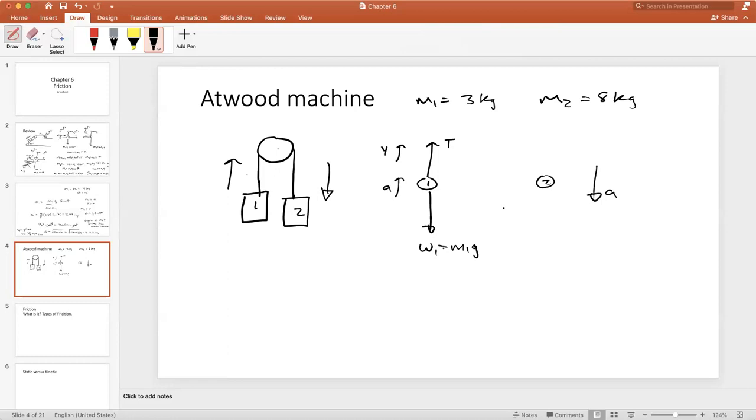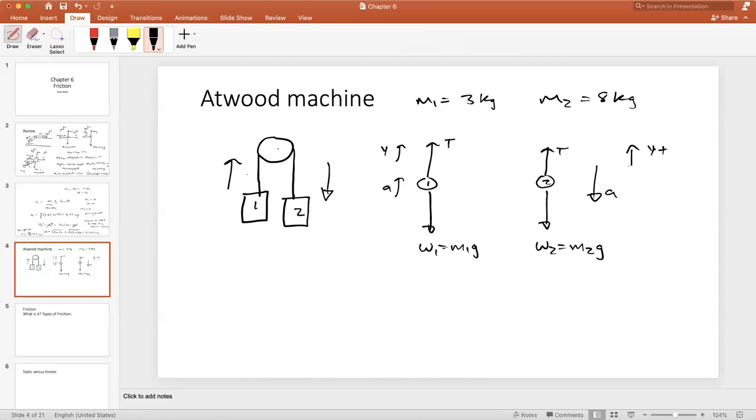The accelerations will be the same because they're tied by the rope. This is also tension, and this is weight 2, which is m2 g. Okay? And now, all that's left. Oh, and I should note that I'm going to say that y is positive up on this side as well.